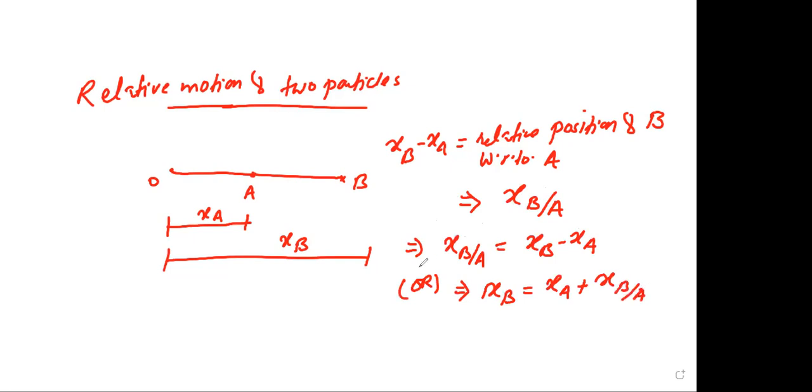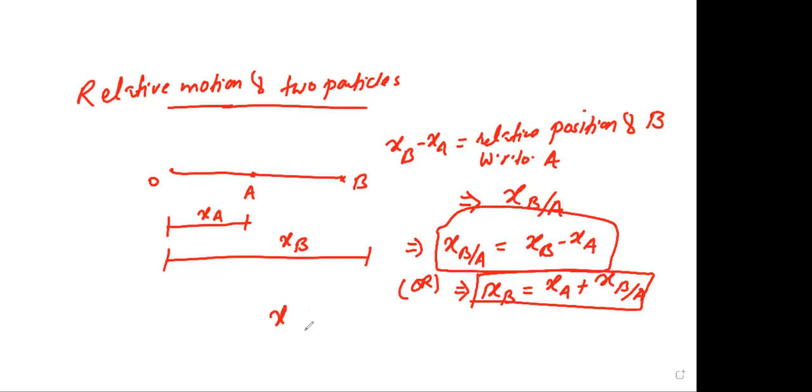Okay, this is what you can write. So you need to know this particular formula. That means relative position of B with respect to A can be written as XBA.